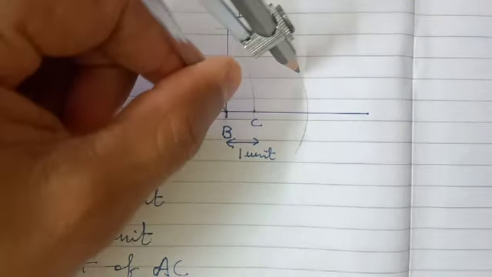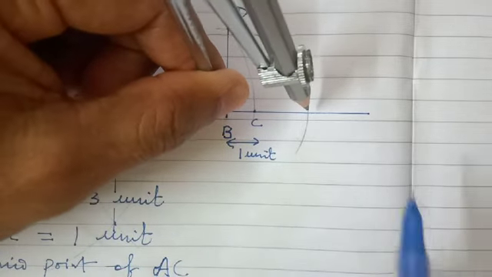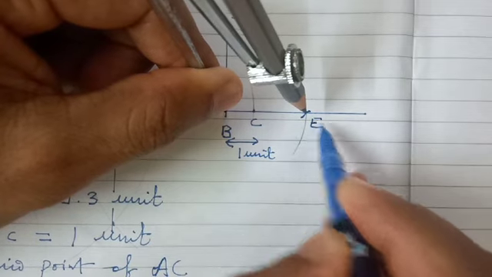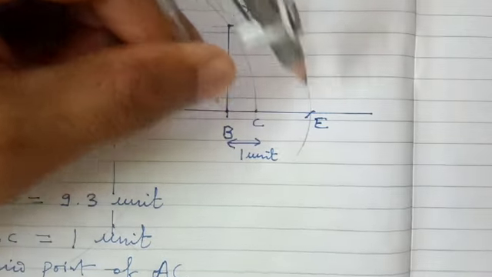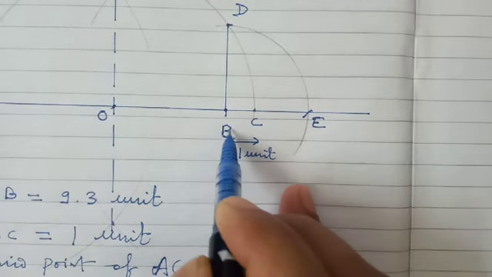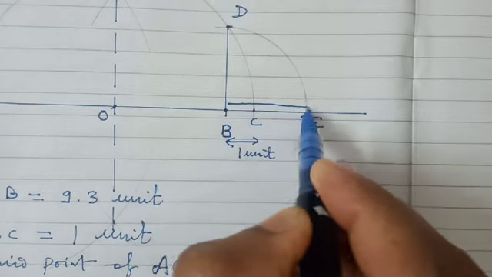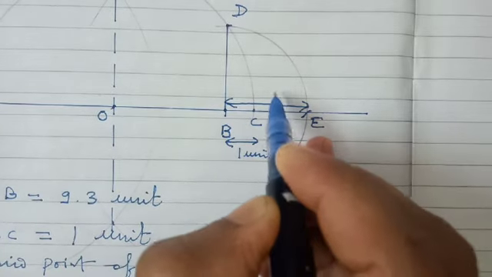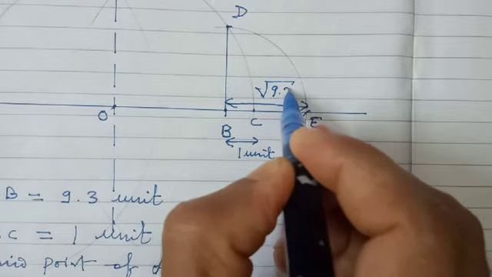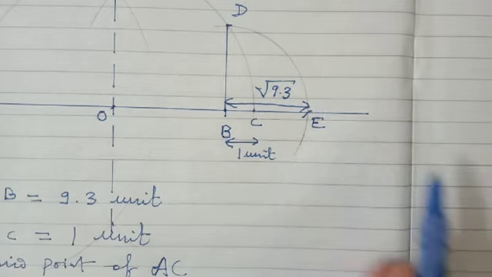And that arc intersects the number line at a point E. Then the length of BE will be under root 9.3 on the number line.